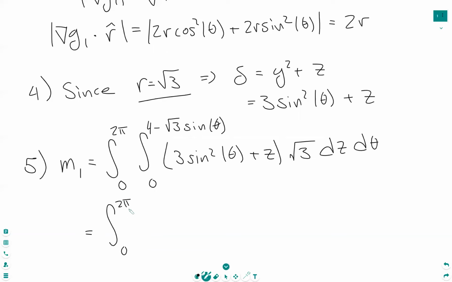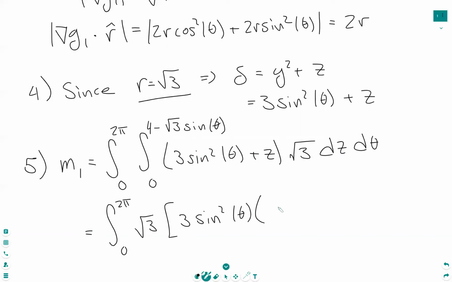So we go from 0 to 2 pi. Let's bring out that root 3. Then here we have 3 sine squared theta. Oh yeah, we're doing the z integral first.